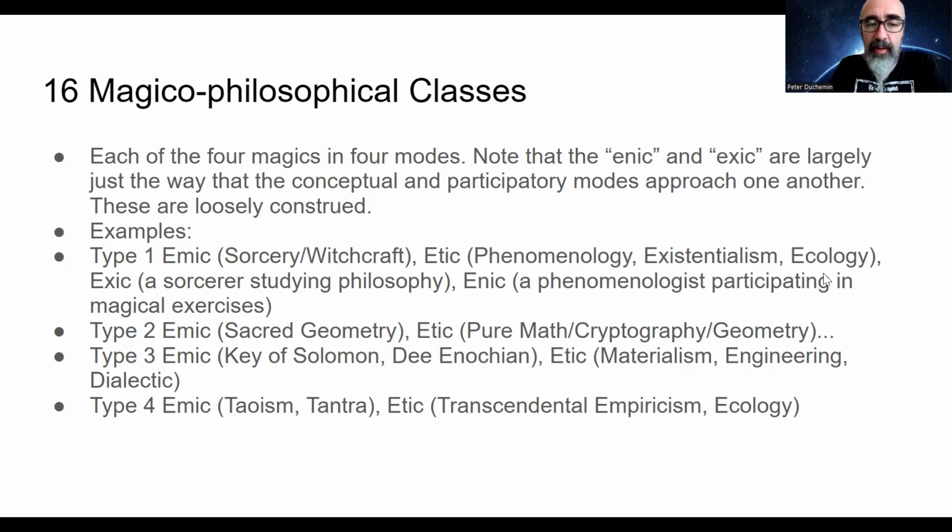So type one would be like sorcery and witchcraft in the emic sense. So when you're, as the practitioner, thinking through the heart, sorcery and witchcraft. But from an etic point of view, it would be more like phenomenology, existentialism, ecology. And an exic example would be a sorcerer studying philosophy and starting to think from that outsider point of view what these experiences are.